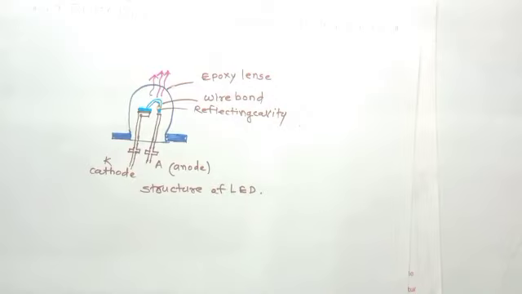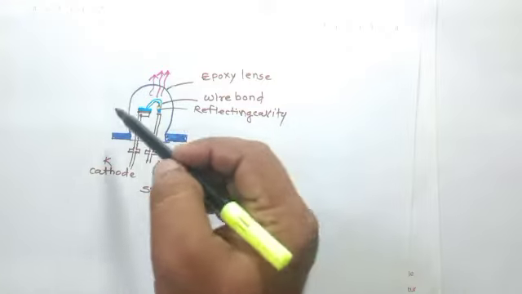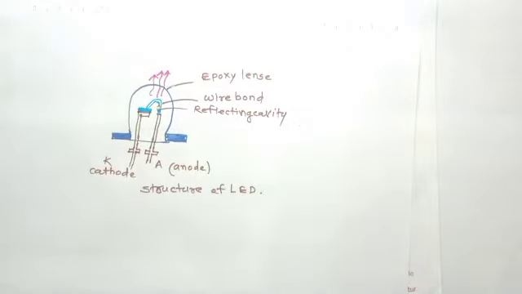In this dome shaped LED, light is emitted uniformly in all possible directions, here, here, here, so that internal reflection will be minimized.